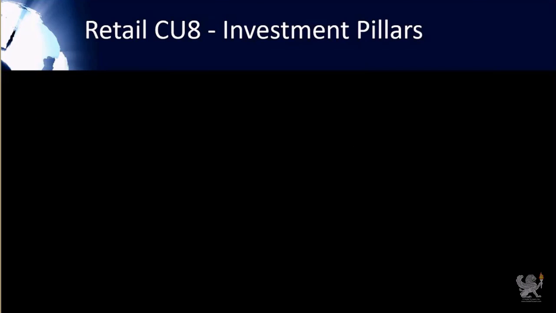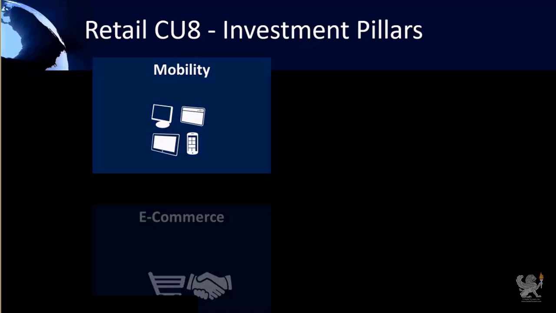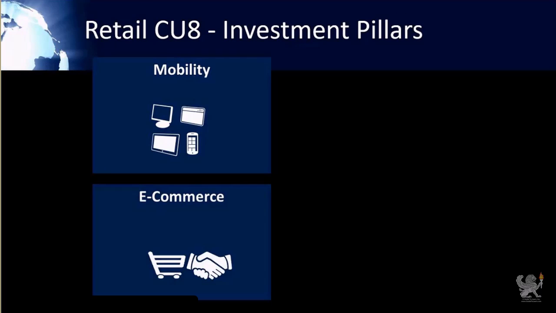So the main investment pillars for CU8, which you've probably seen before as well, are mobility and the modern point of sale clients. Those were released in R3 as beta, and this effort is to bring them to RTM quality, or production quality. Additional investments in e-commerce, mainly support for third-party e-commerce. We'll talk a bit more about what those are.